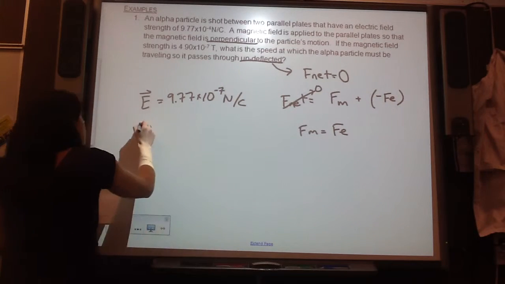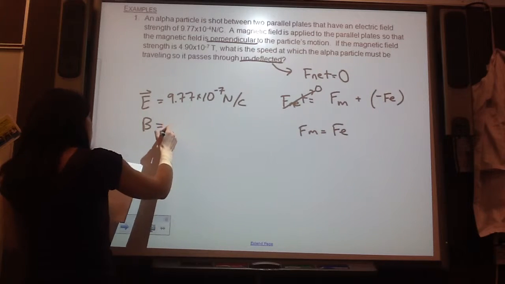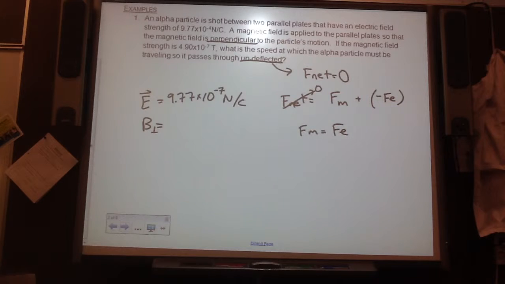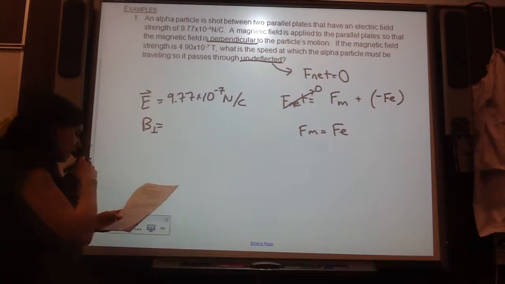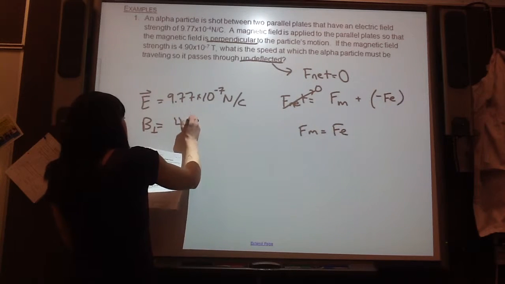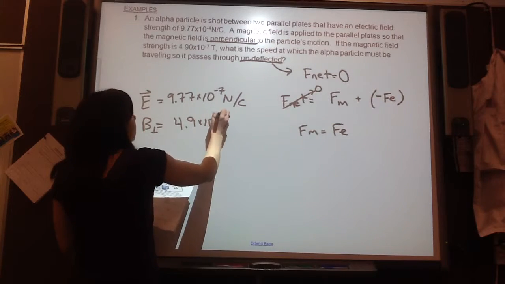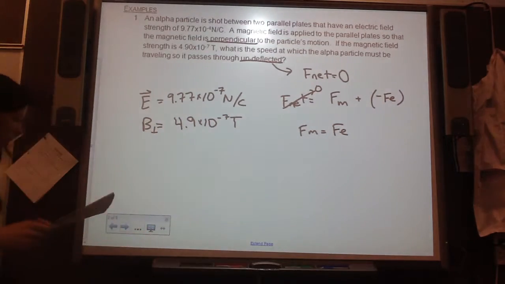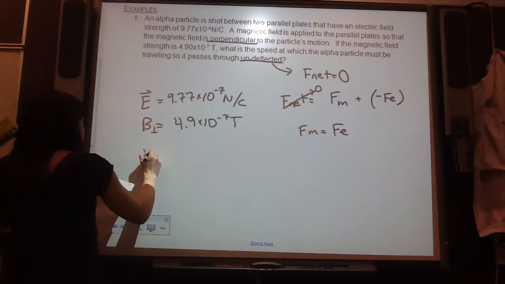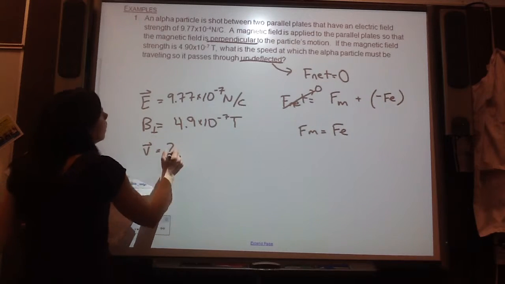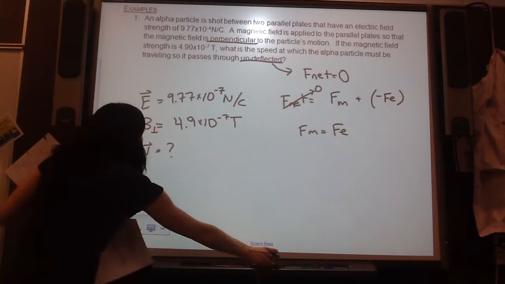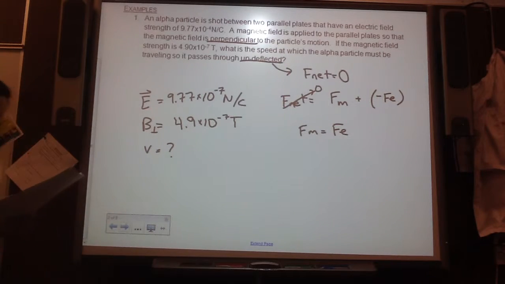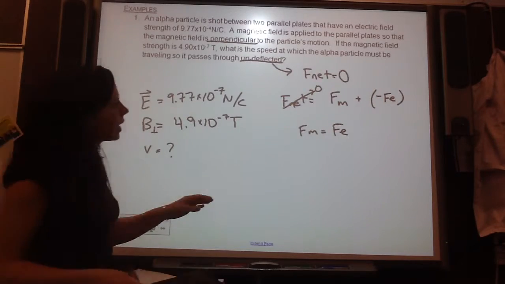And B is in Teslas. So you can put B perpendicular or just B. We know it's perpendicular, so you can have that symbol there. This is 4.9 times 10 to the negative 7 Teslas. And we're trying to find speed, so no vector. All right, so let's expand this one.